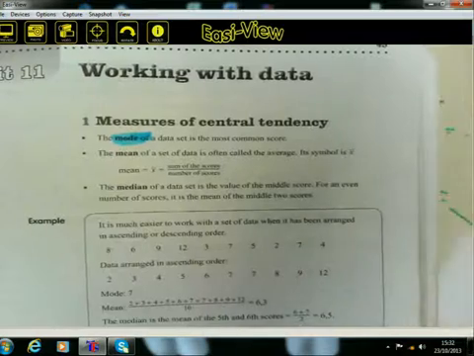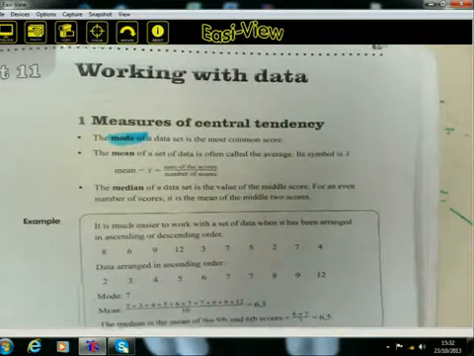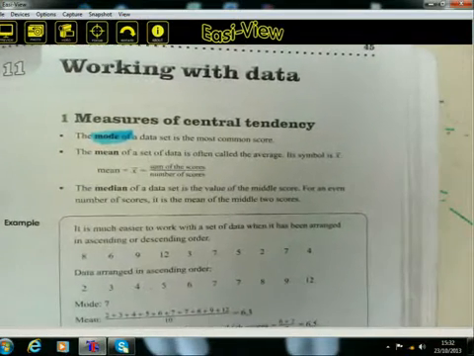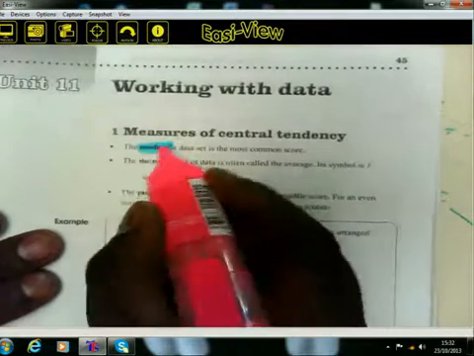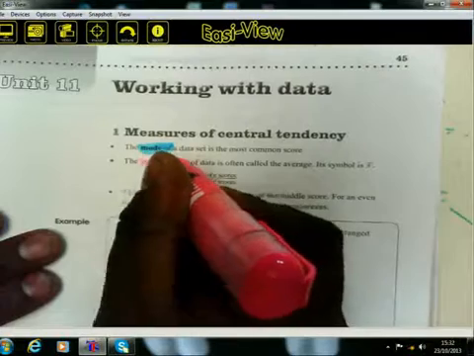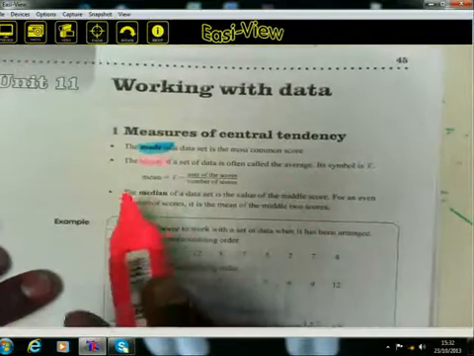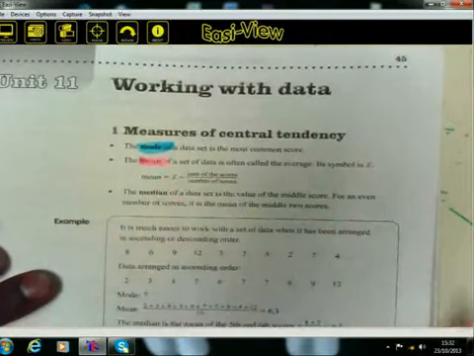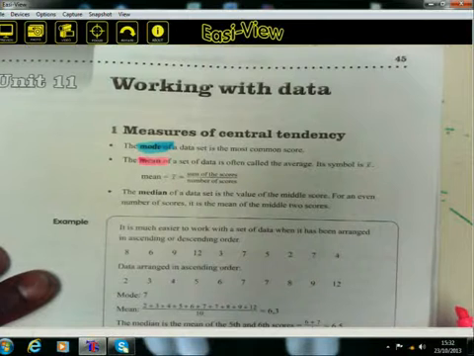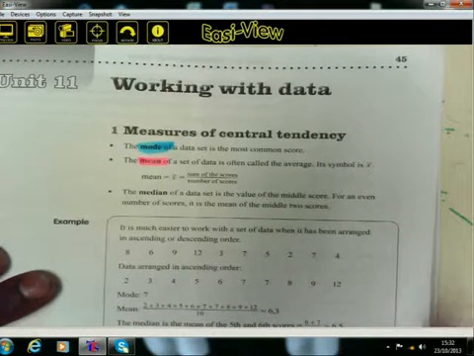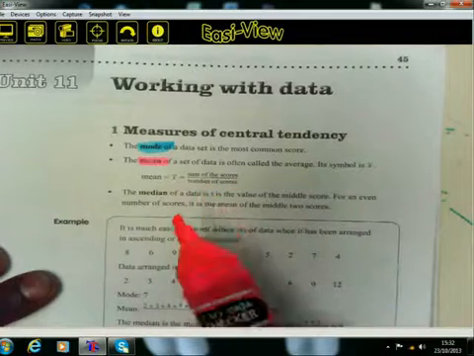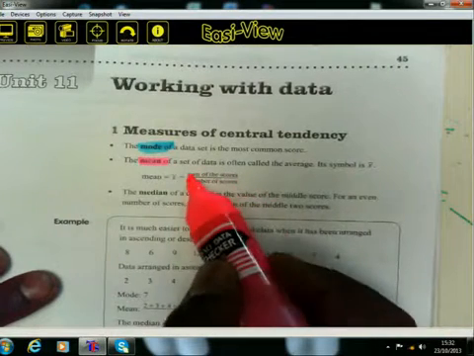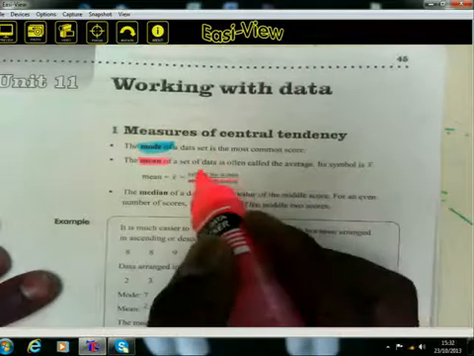Now we go to the second one, the mean. Now, what is a mean? The mean of a set of data is often called the average. That means you add all the scores to get the sum and then you divide by the number of scores.